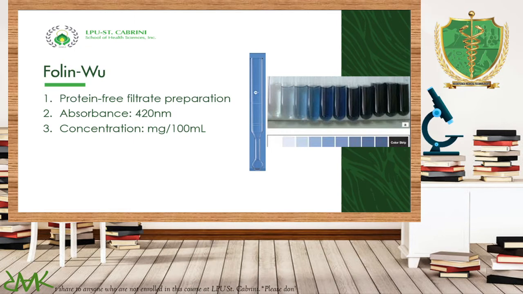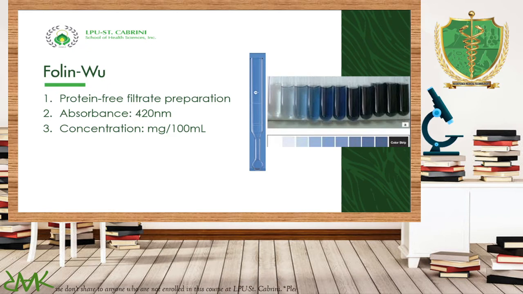Now, I want you to take note that Folin-Wu is read at an absorbance of 120 nanometers, and the unit of Folin-Wu is expressed as mg per 100 ml. Therefore, this mg represents the amount of glucose that is present per 100 ml of the sample.